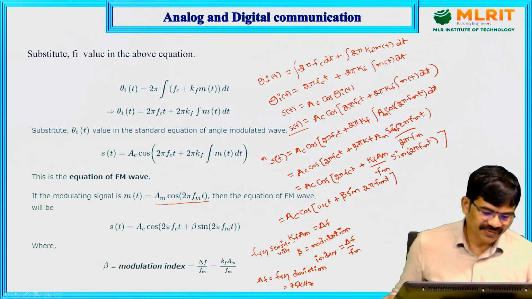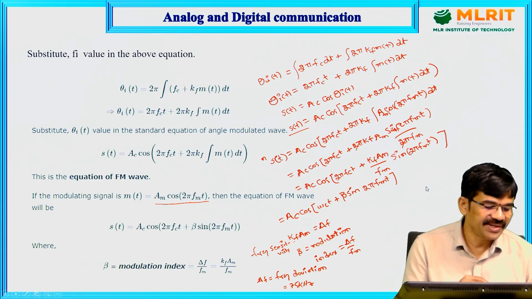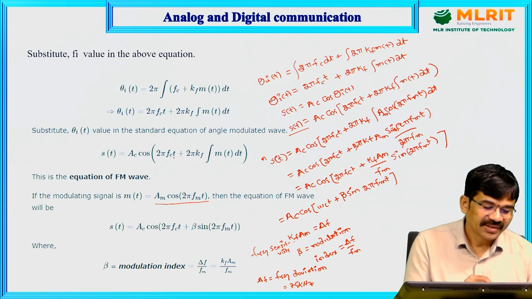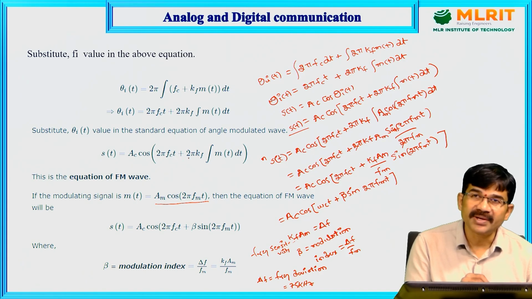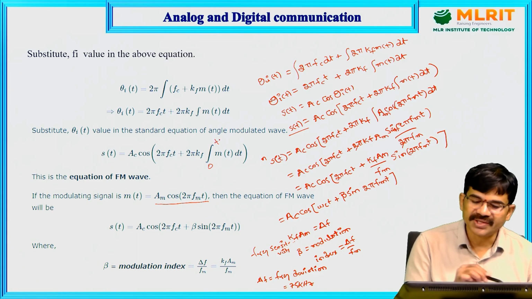So finally the expression for s of t can be represented in two ways. One way is s of t equals Ac cos 2π fct plus 2π kf integral 0 to t of m of t dt. The integration we are taking is from 0 to t.